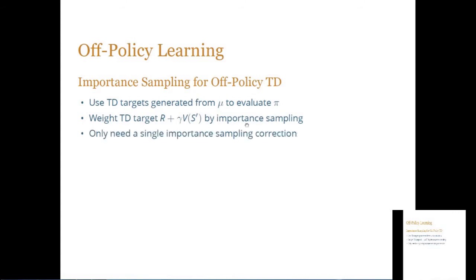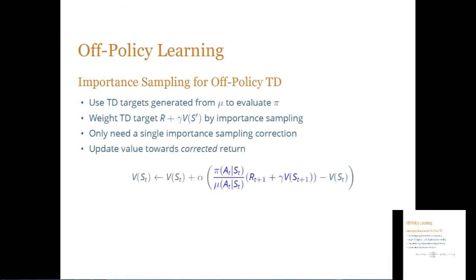In this case, instead of multiplying all the corrections, we are going to perform an update by just multiplying a single correction. And this is how this update looks. This is exactly the same as we saw before, right? We have this, which would be our TD target. But now we're going to multiply it with the importance weight, which is the ratio between our target policy and our behavior policy.